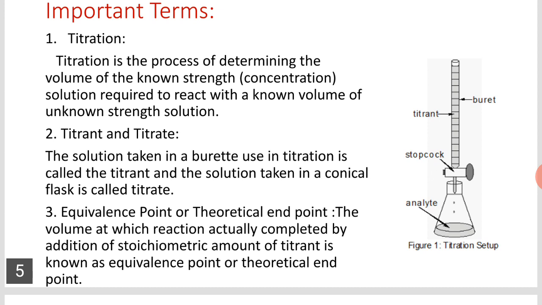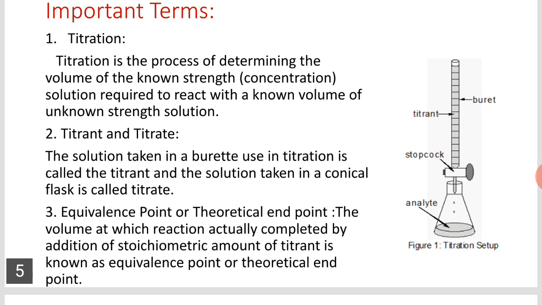It is a process of reaction between the known concentration solution and the unknown concentration solution. With the help of the formula N1V1 = N2V2, we can calculate the normality of the unknown solution.